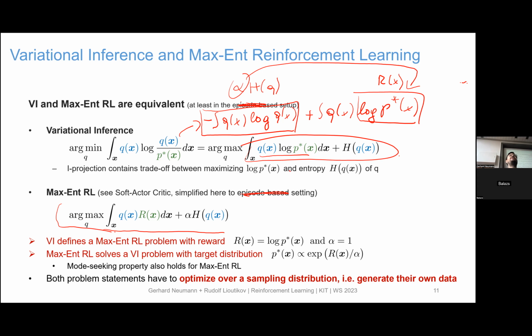And with distributions, I mean policies. Probably Q-learning is not the right answer here, isn't it?